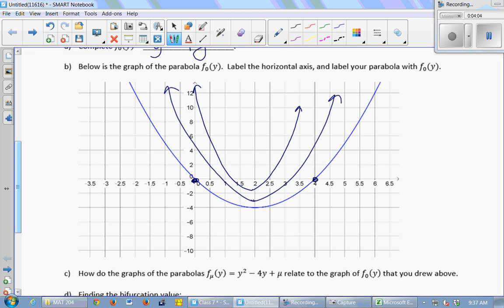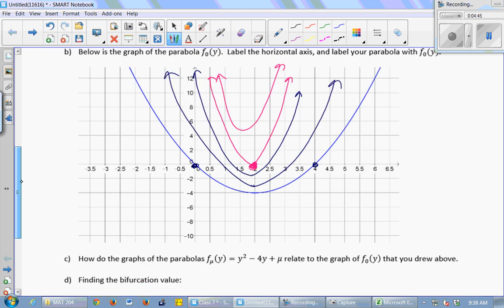But there's some value of μ where I've shifted it up just enough that there's only 1 equilibrium solution. After that point there will be none; it won't cross the x-axis at all. So the solutions go from 2 equilibrium solutions to 1 and then to none. The place where there's 1 is a sort of boundary case, going from 2 to none.